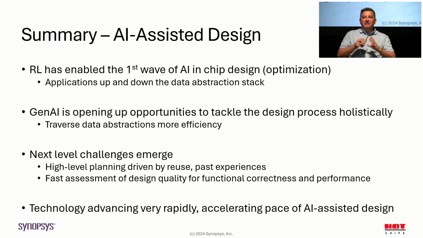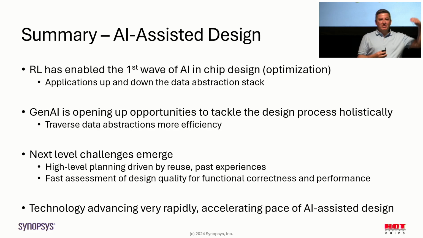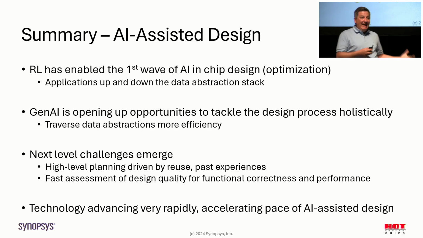In other words, be the orchestrator of the design process, even if today's generative AI doesn't give us the accuracy requirement that we have to produce fully AI-driven design. But as we speak, as we show solutions, the next plateau is reached. And the next plateau reached, of course, expresses the next level problem. High-level planning.